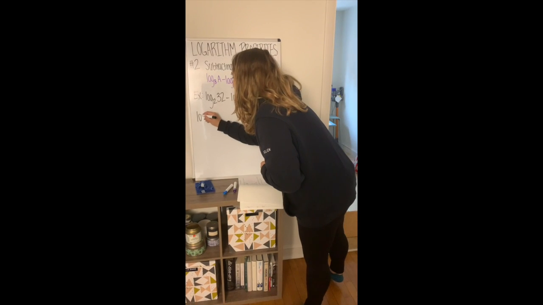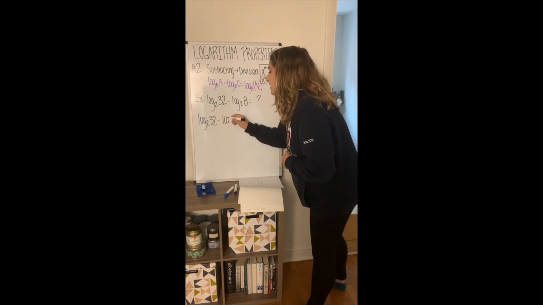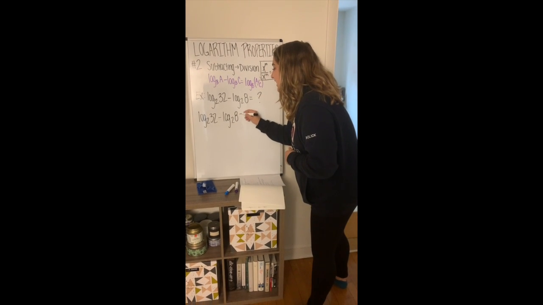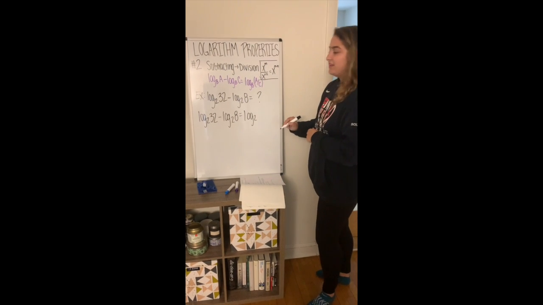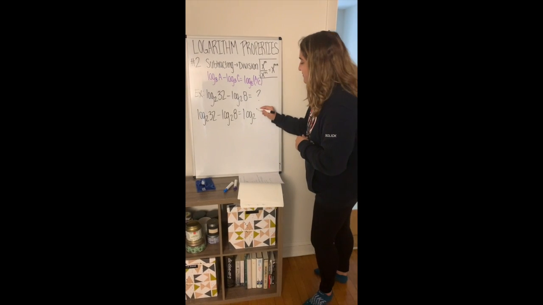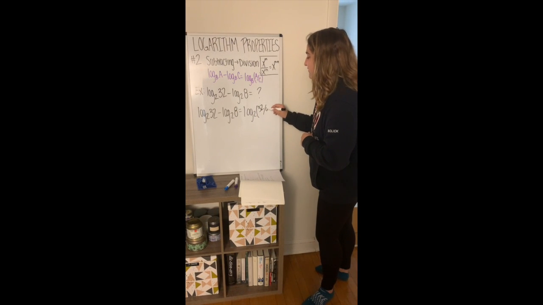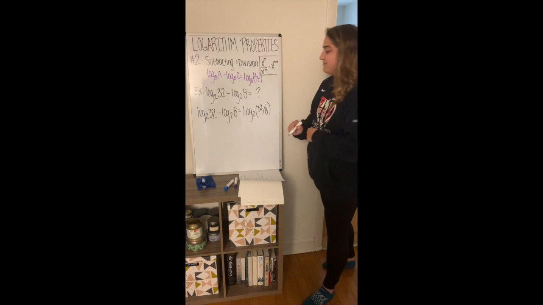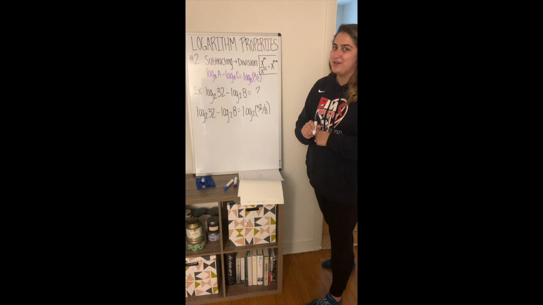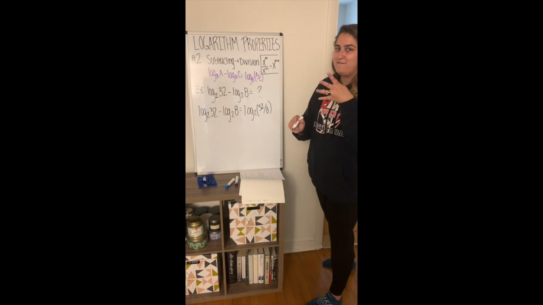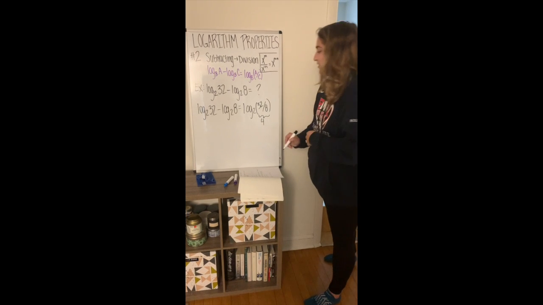So if I have log base 2 of 32 minus log base 2 of 8, I'm going to get log base 2 of 32 divided by 8, right? And we all know that 32 divided by 8 is 4. So this right here turns into a 4.